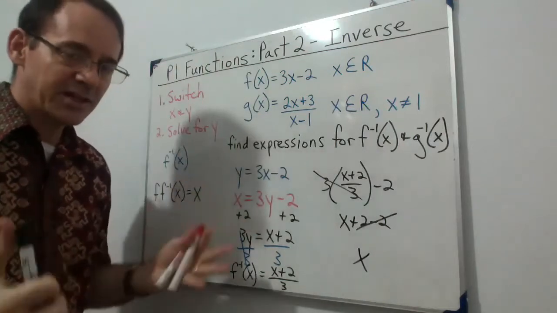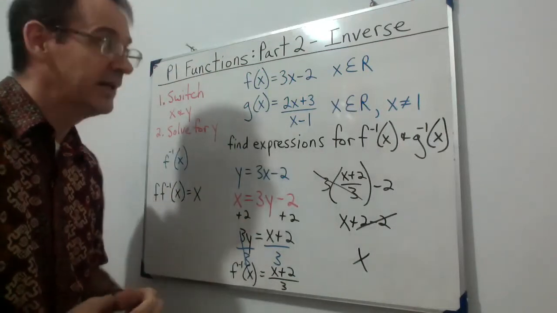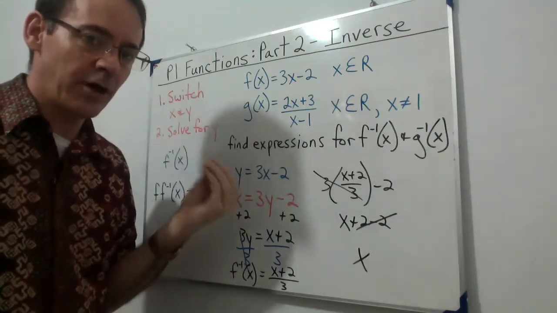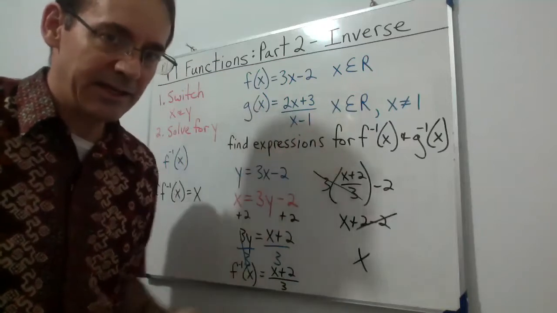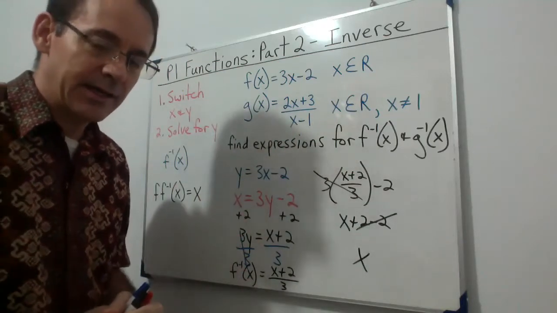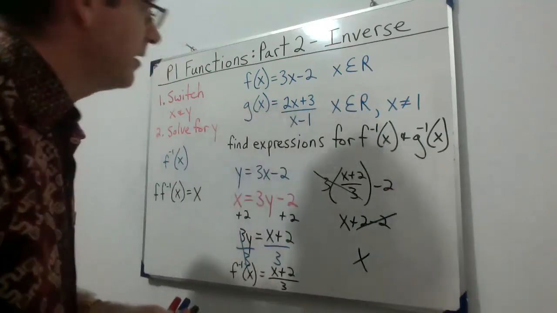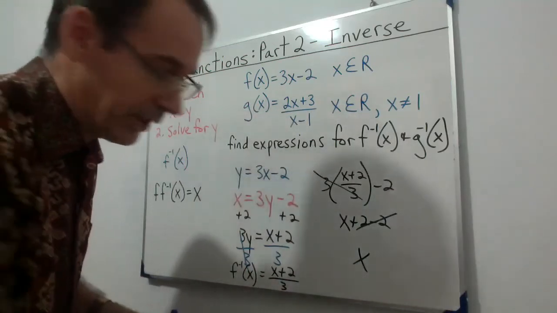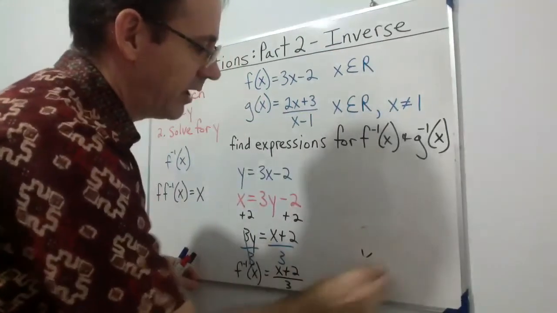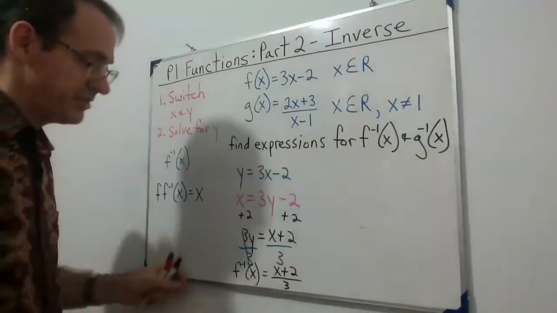So that's the concept of inverse function, and a lot of your question types are going to be involved with finding the inverse function and then correlating that with some other thing that you've learned up to this point. So I'm going to get rid of this, and we're going to continue on with our g of x.